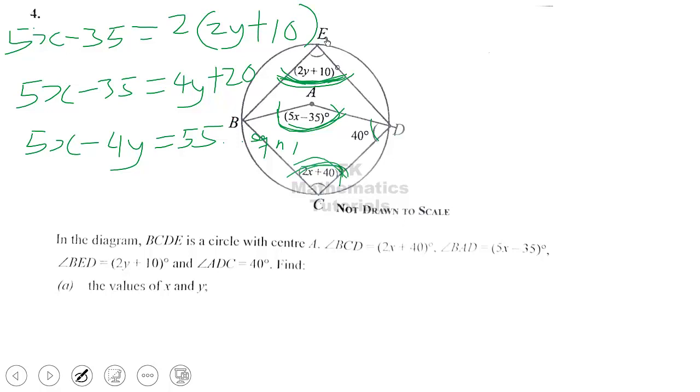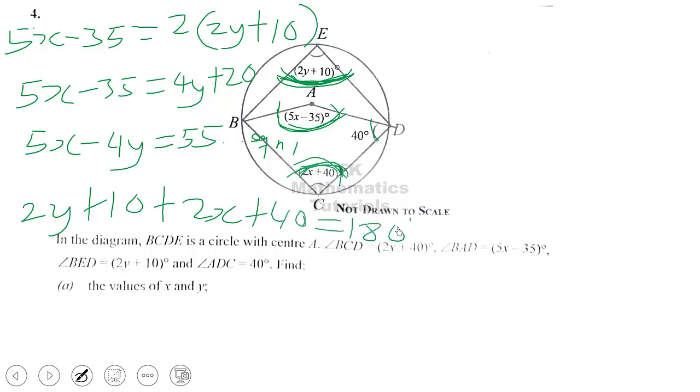So 2y plus 10, plus 2x plus 40 is equal to 180 degrees.